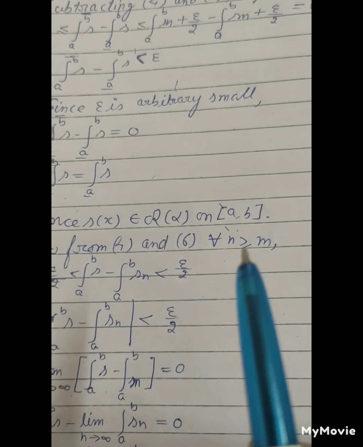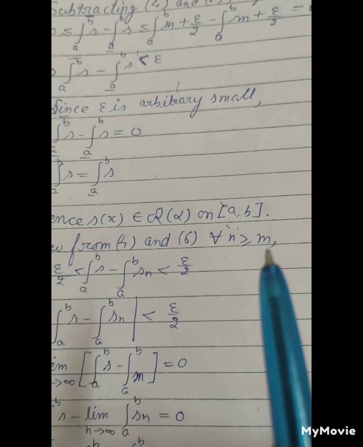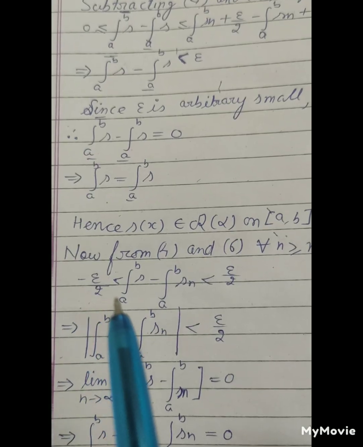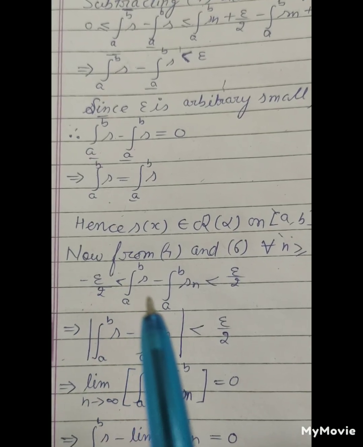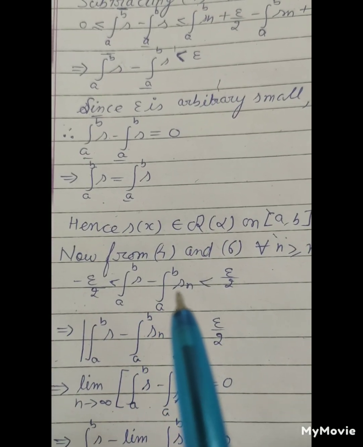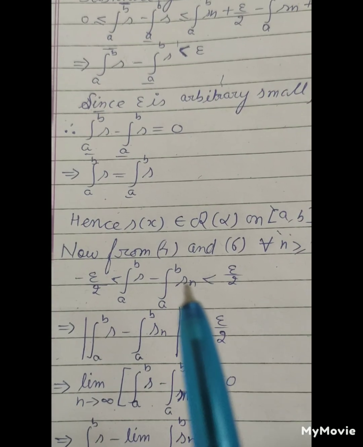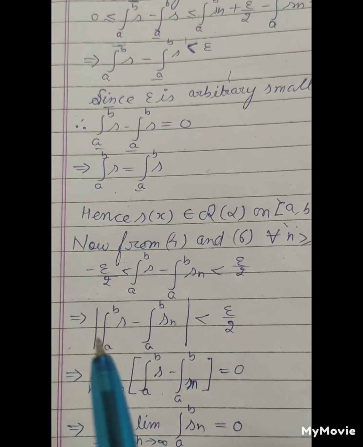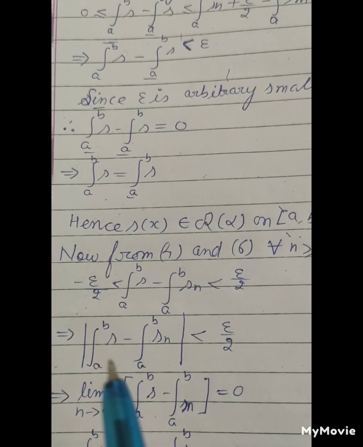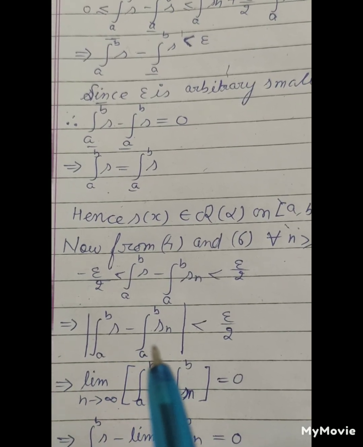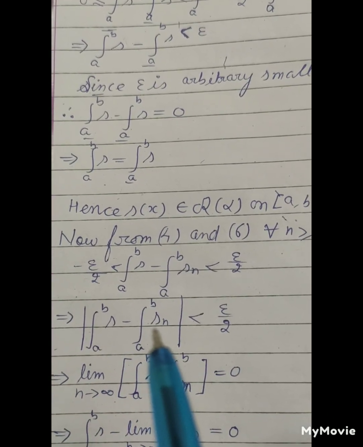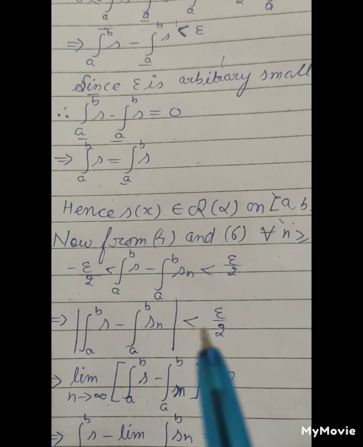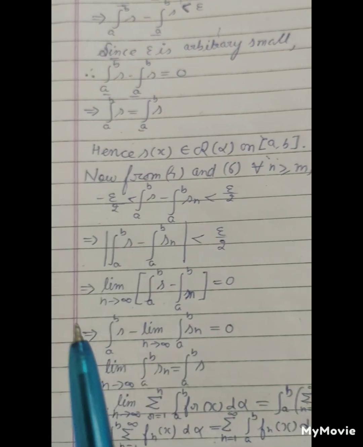Now from 4 and 6, for all n greater than or equal to m, minus epsilon upon 2 is less than integral a to b of s minus integral a to b of S_n, which is less than epsilon upon 2.